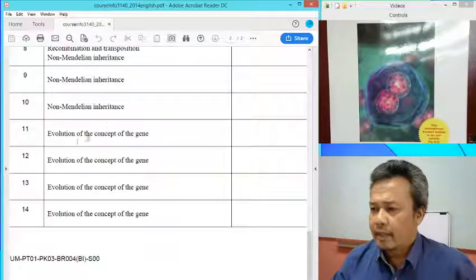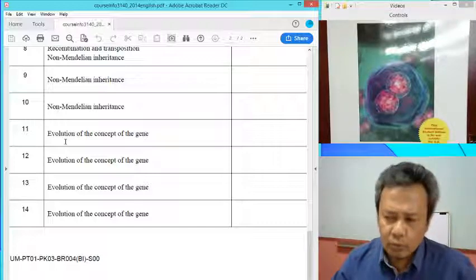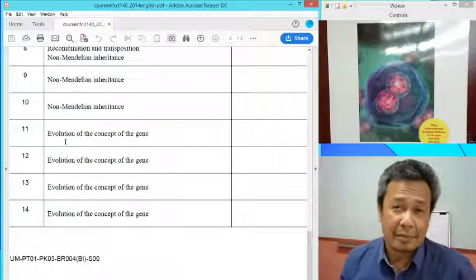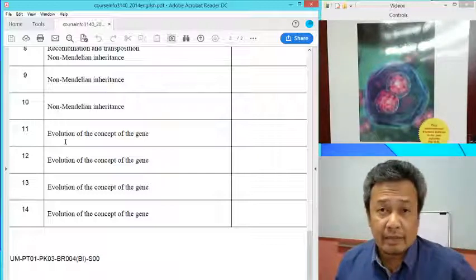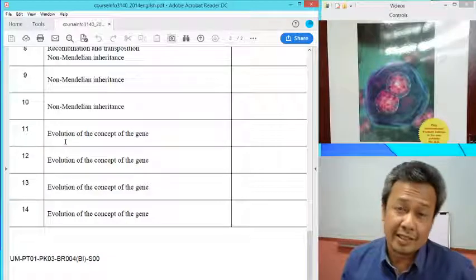And finally, we are going to look into the concepts of the gene. What is a gene? As I mentioned in the first lecture, after 3 years of doing genetics, we're still asking that question: what defines a gene?